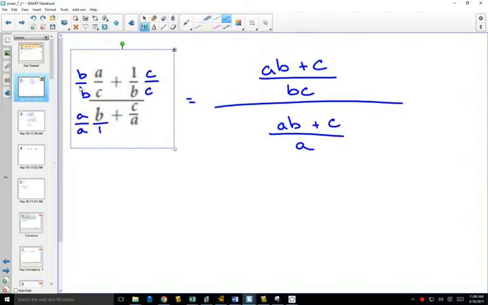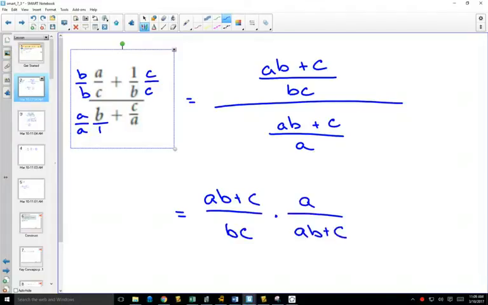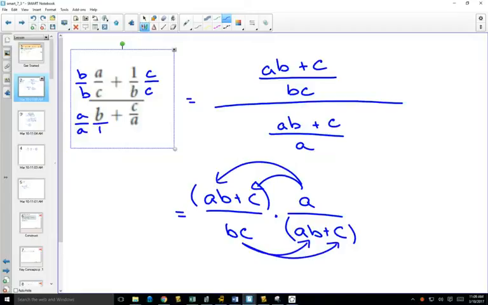And now with a fraction divided by a fraction, I can multiply by the reciprocal. Now, before you go too fast and say, well, how do I multiply fractions? I multiply on the top, and actually, we're not going to do this, but if you multiply it on the top, you'd have to distribute, right? And if you multiply it on the bottom, you'd have to distribute.